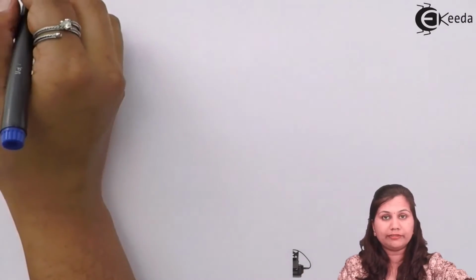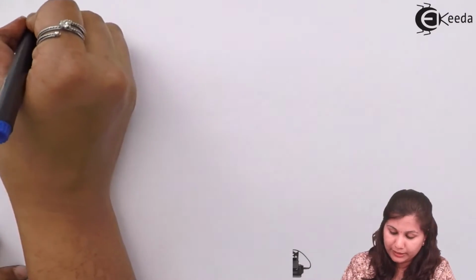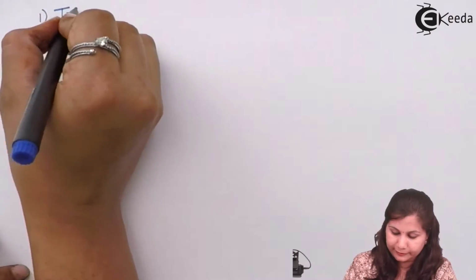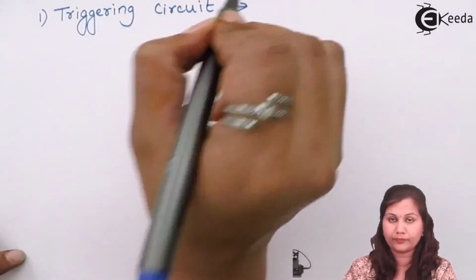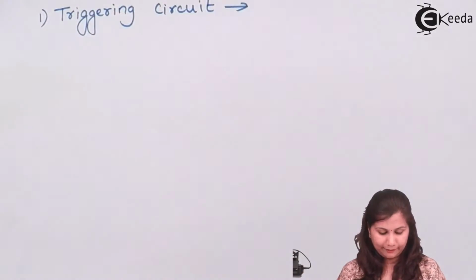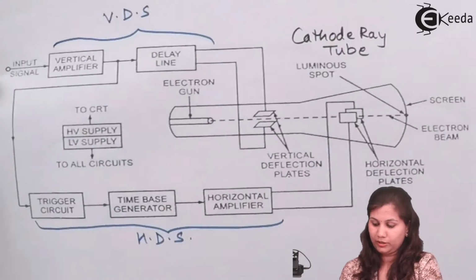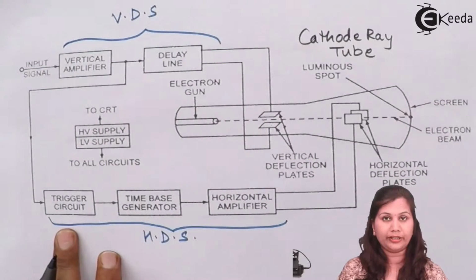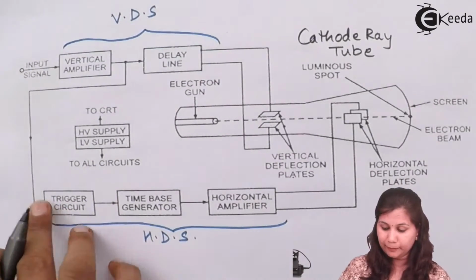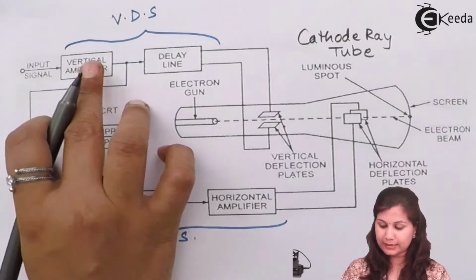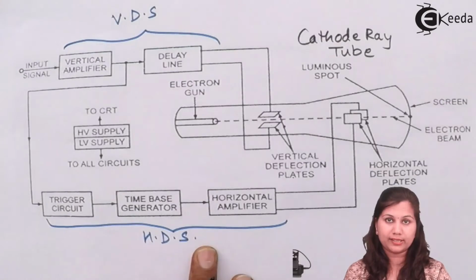In the horizontal deflection system, the first part is the triggering circuit. Okay, you can see in the diagram that the first component here is the triggering circuit. Now this triggering circuit is a link between the vertical deflection system and the horizontal deflection system.